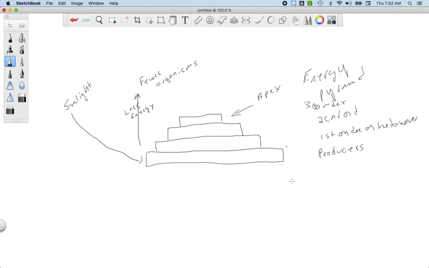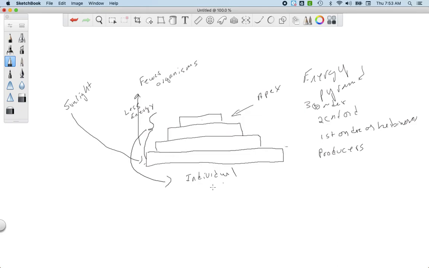Okay, so that also brings up the types of what we have in an ecosystem. In an ecosystem, we would start with an individual. So there would be individual apex predators, individual secondary consumers, individual primary consumers, and individual producers.